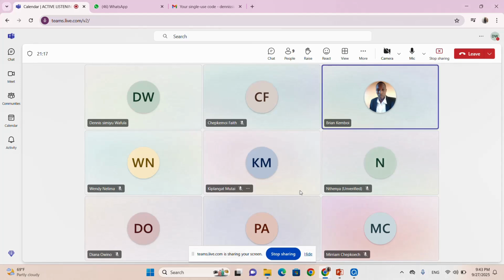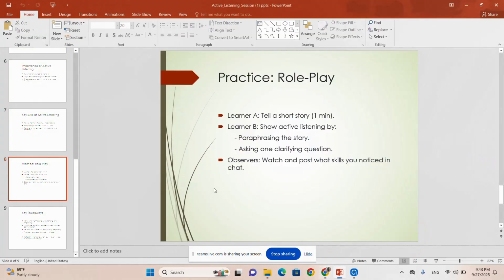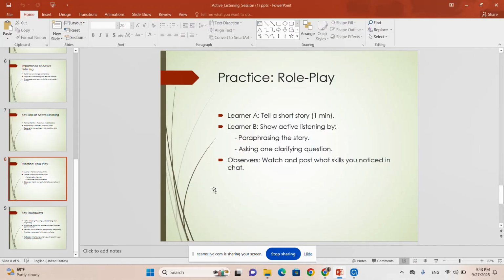So the story goes like this: it is about a teacher and a student. The story is about a teacher and a student.